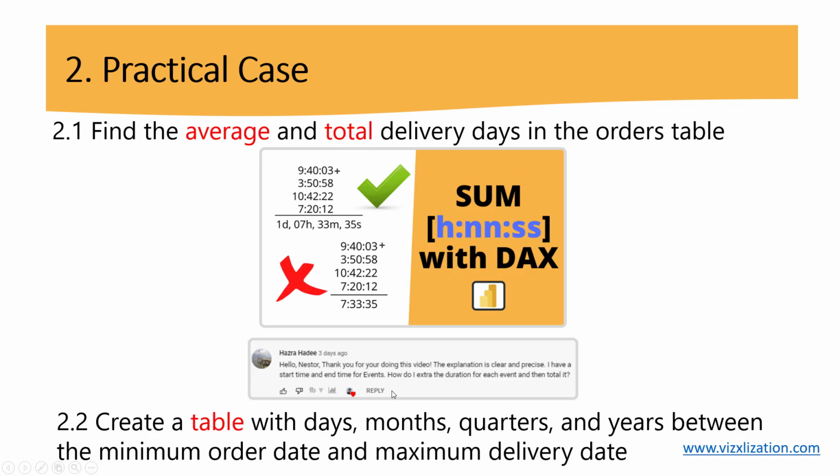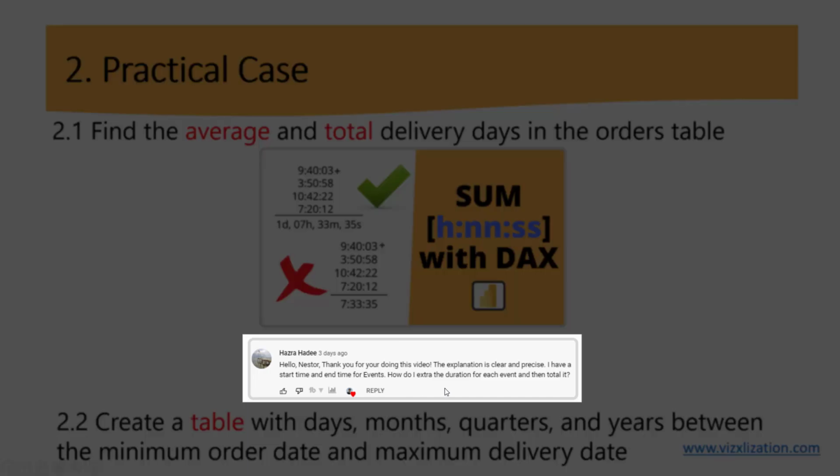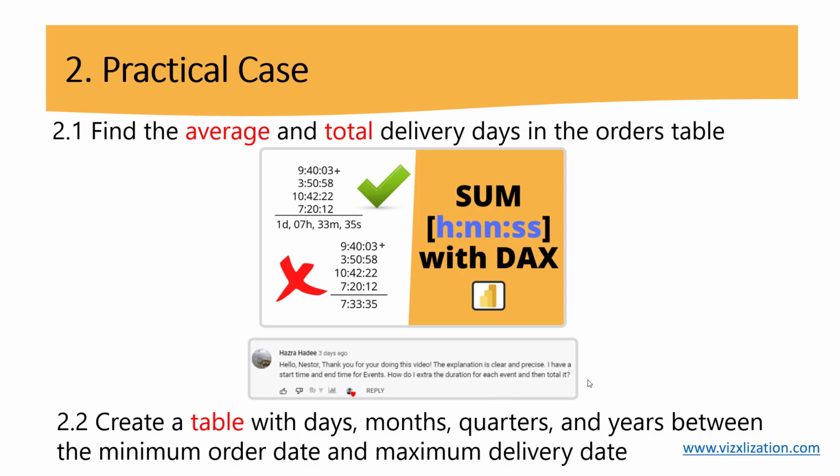If we take a look at the question real quick, how do I extract the duration for each event and then total it? So what we're gonna do here is to find the difference between these two dates, line by line, and then we need to add them. So that's basically what we need to do to solve this question.